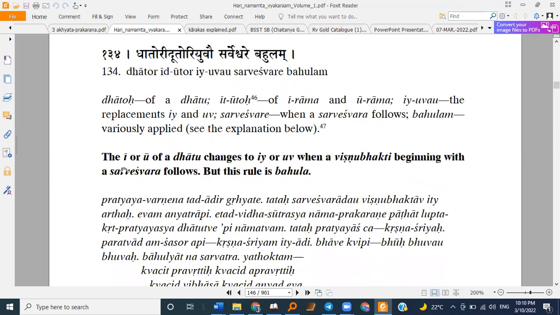The E or U of a dhatu. Now you must be thinking that we are doing nouns, Shabda Prakaranam, so why is there a mention of dhatu? I believe I already told you before that even the Shabdas, the nouns, are made up of dhatus, right?